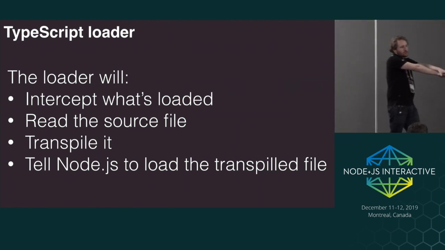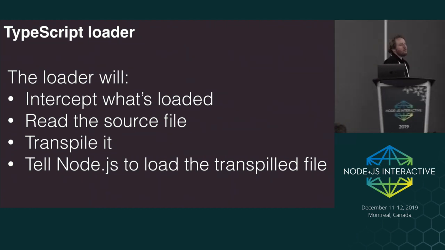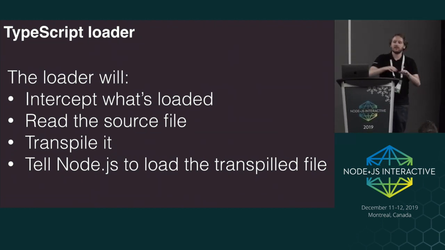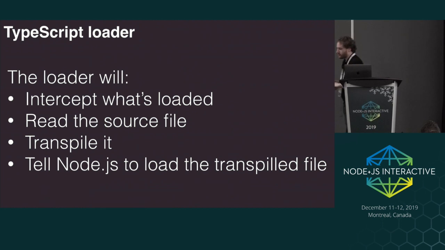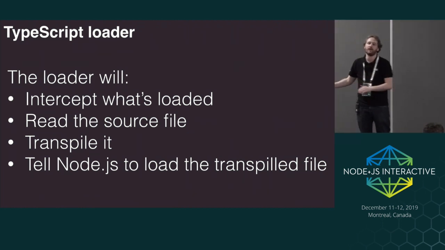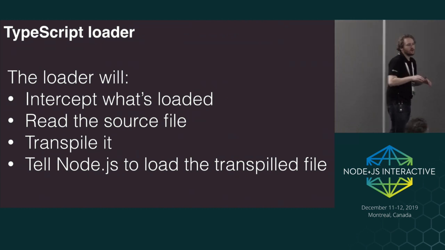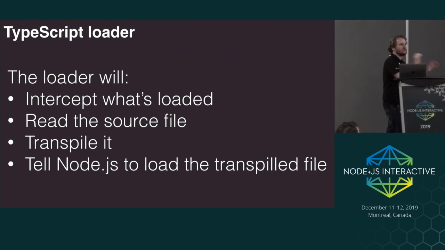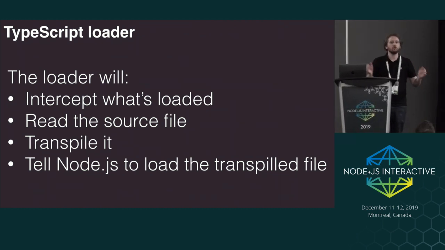So if we manage to do that, we will basically have rewritten ts-node, or in other words, told Node how to deal with TypeScript files. We will tell Node, without changing our code, just by creating a loader, how to deal with TypeScript.